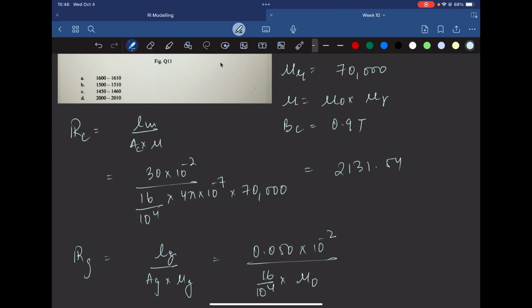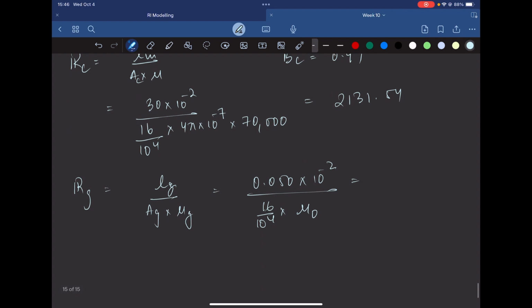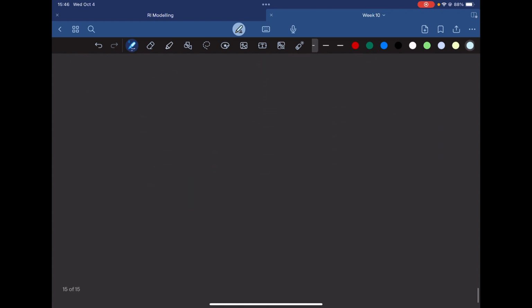Because mu g is mu naught, which is 4 pi into 10 raised to the power minus 7. If you calculate it, it comes out to be 248,679.6.